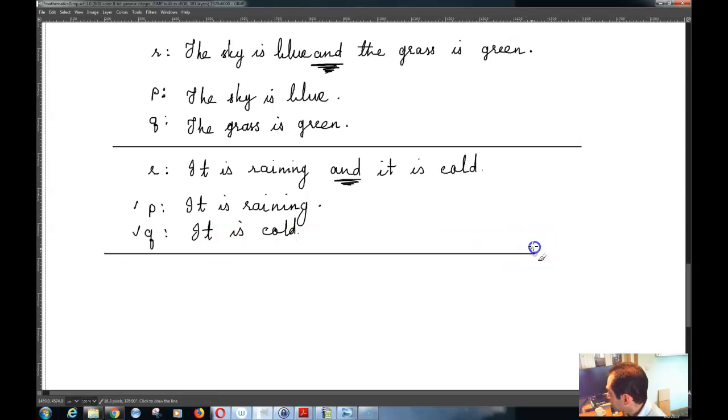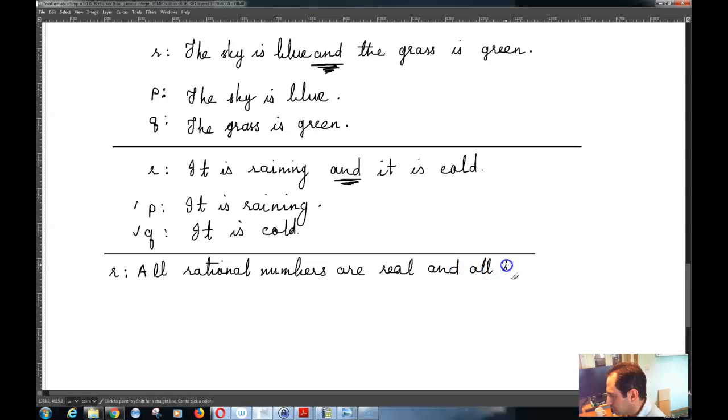As another example, let's say you have: all rational numbers are real and all real numbers are complex. So your R, for example, is all rational numbers are real and all real numbers are complex.